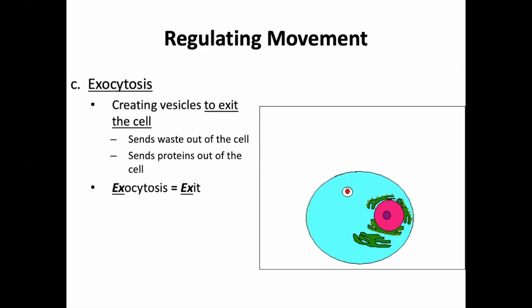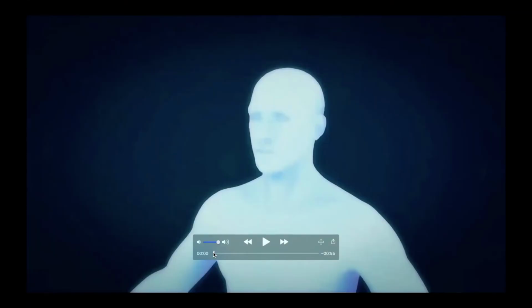So it is going to use its own lipids, its own fatty material, because lipids make fat, and wrap the protein up in a vesicle, which is then going to go rejoin the cell membrane and kick the protein out. So let's break this word down. Exo, exit. Exo has to do with exterior, being on the outside. So exocytosis is exiting.